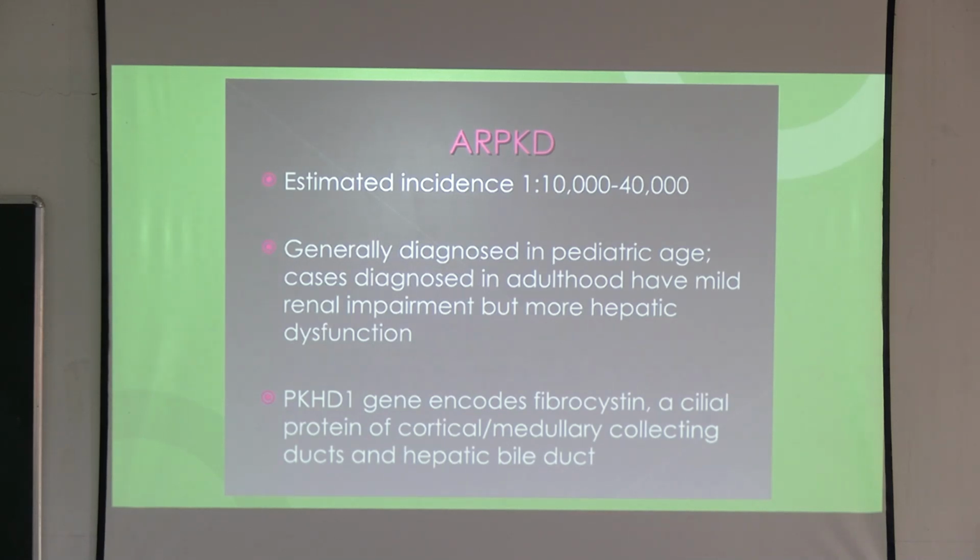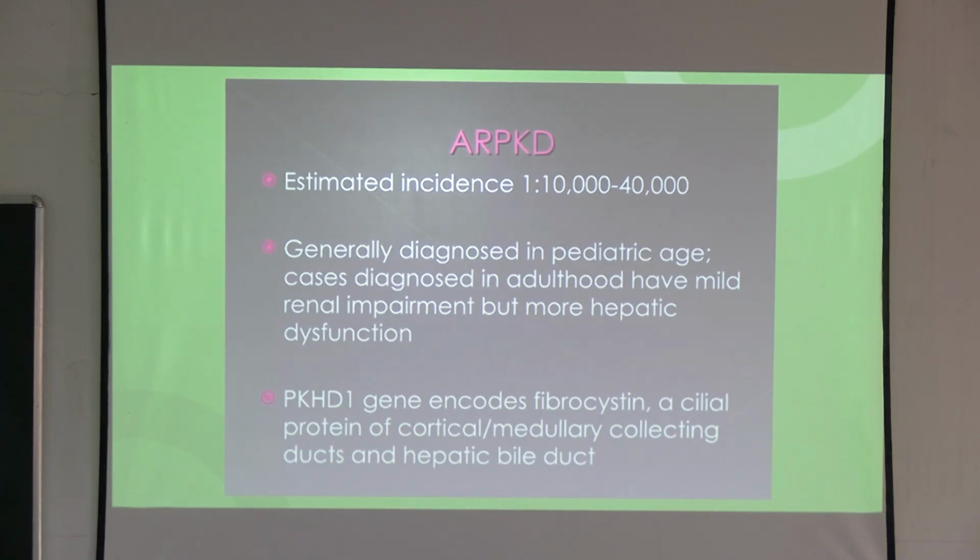Then generally diagnosed in pediatric age, but in contrast kidney symptoms are less than that of hepatic symptoms, okay. Mild renal impairment but more hepatic dysfunction, and PKHD1 gene. In ADPKD, the gene names are polycystin 1 and polycystin 2. In ARPKD, that is autosomal recessive polycystic kidney disease, the defective gene product is fibrocystin, okay, a cilial protein of cortical and medullary collecting duct and hepatic bile duct.